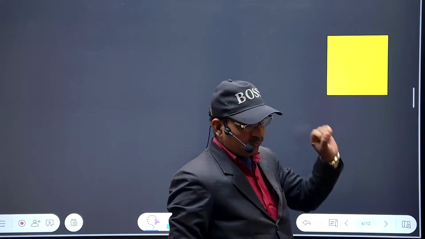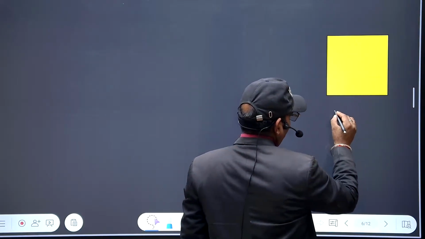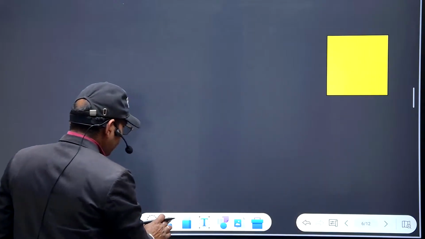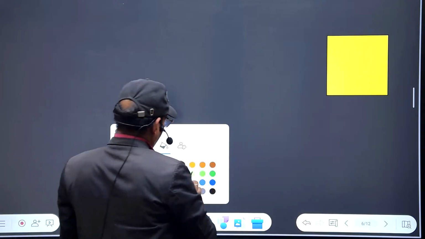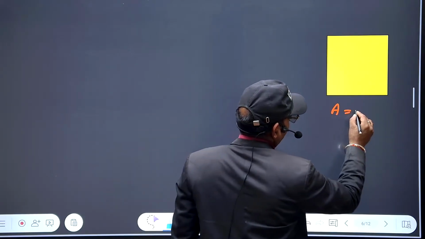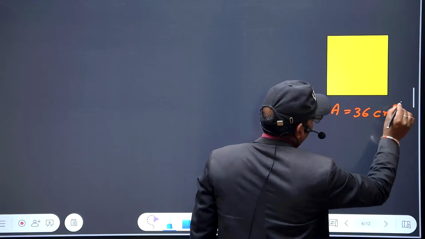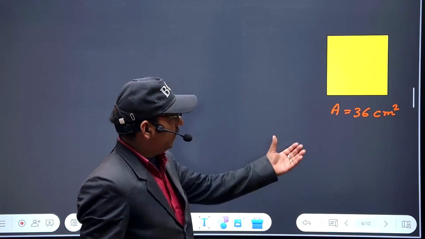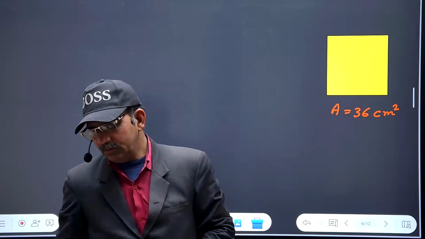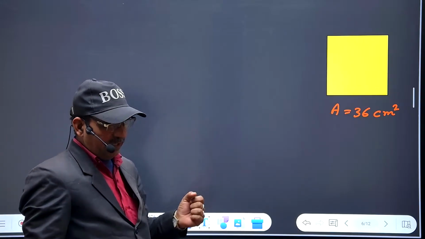Suppose this square's area is given, 36 centimeter square. So what will be the length of one side of this square?